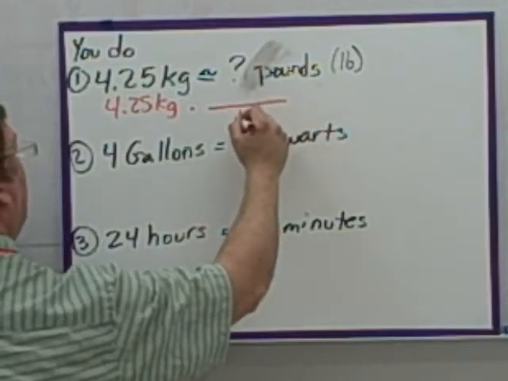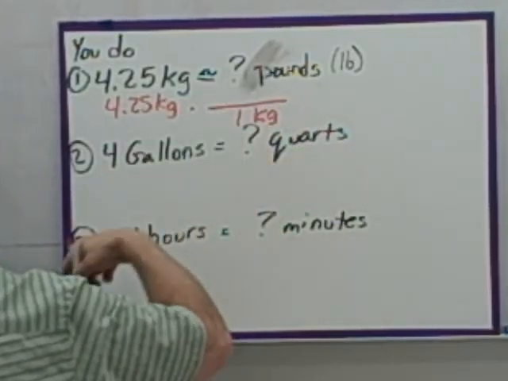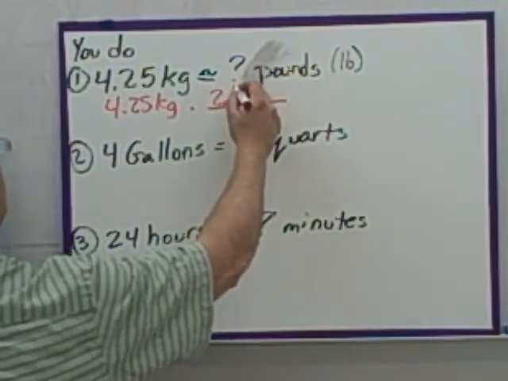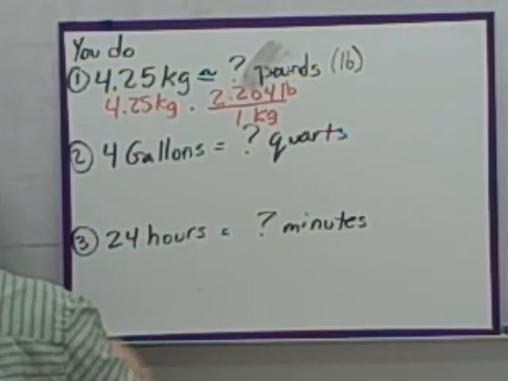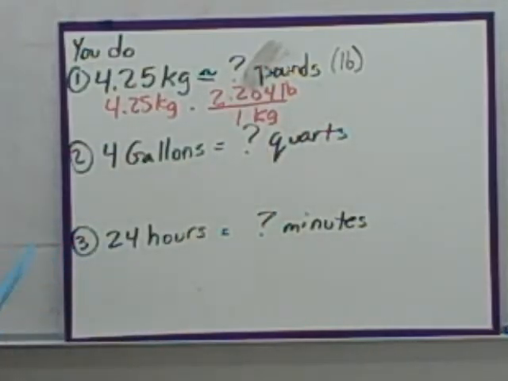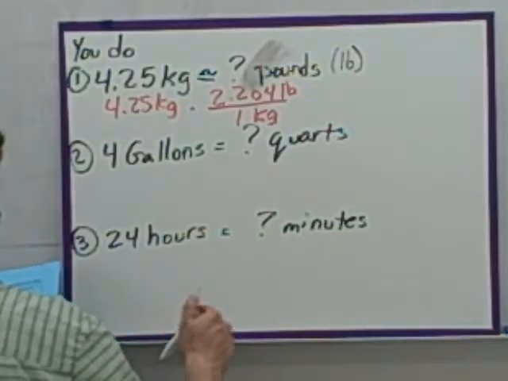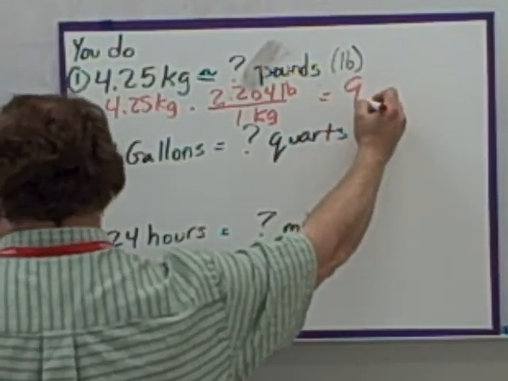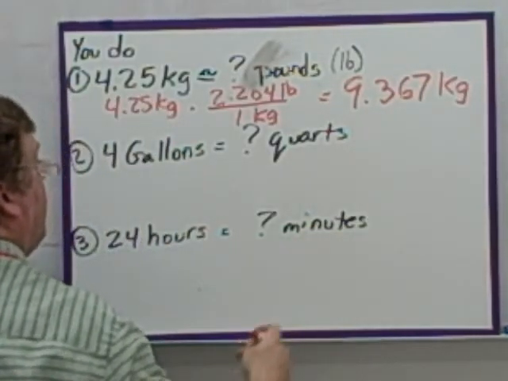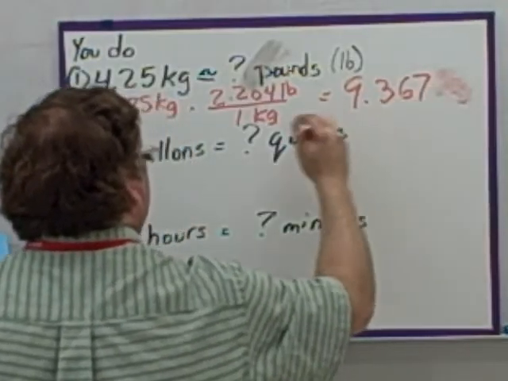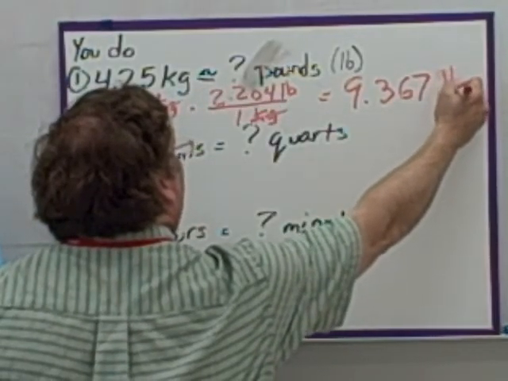So 1 kilogram on the bottom and the 2.204 pounds on the top. LB stands for pounds. We do that multiplying, and we get 9.367. Oh, sorry, not kilograms. We just converted. Kilograms disappear. We got LB, pounds.